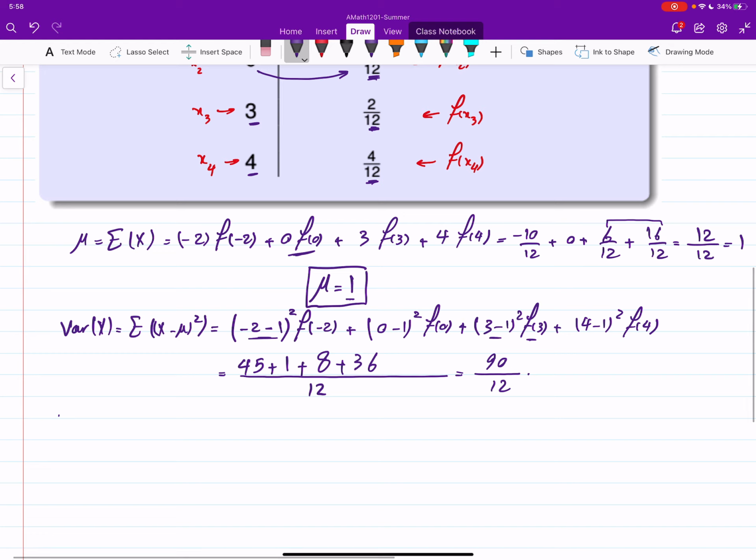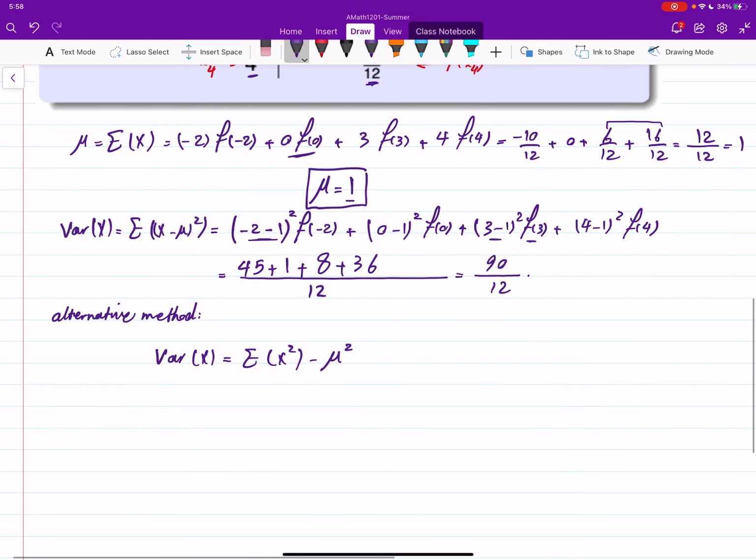Now, let's use the alternative formula. In the alternative method, the variance of x is equal to E of x squared minus mu squared. So I know what mu is. This is 1 squared. But I want to find E of x squared.